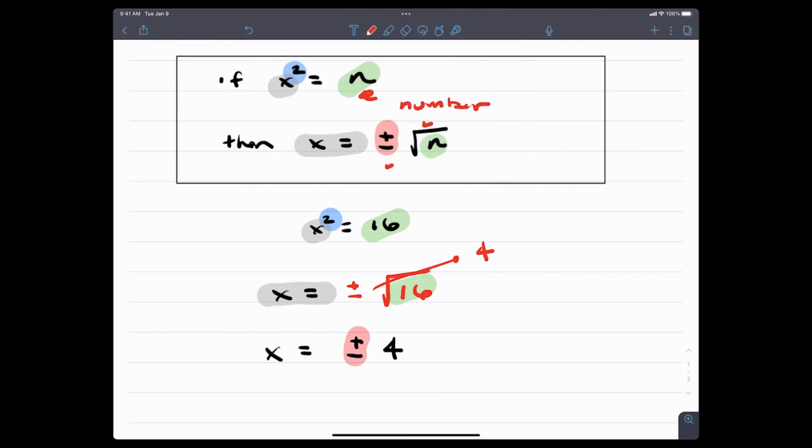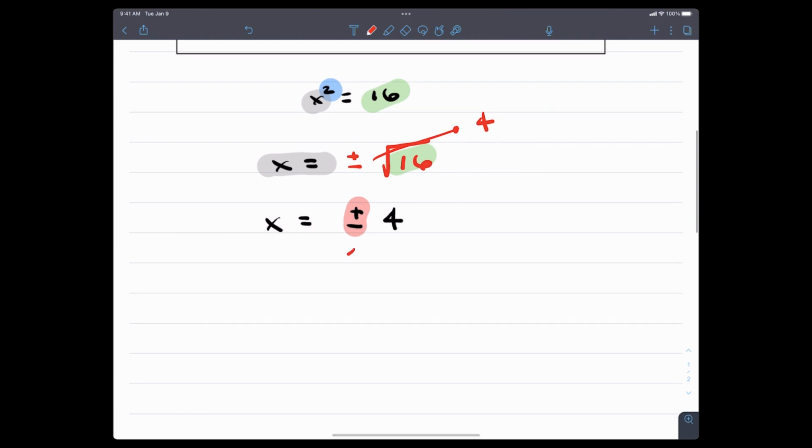It means in one case, x is positive 4, this is the plus.